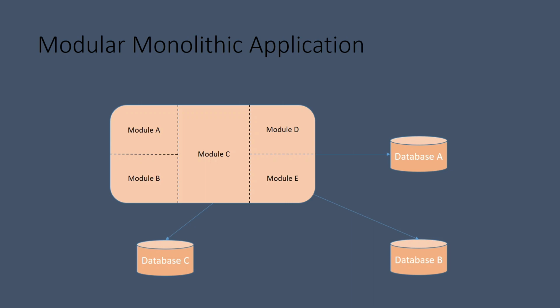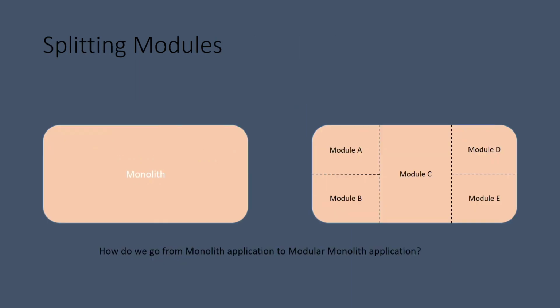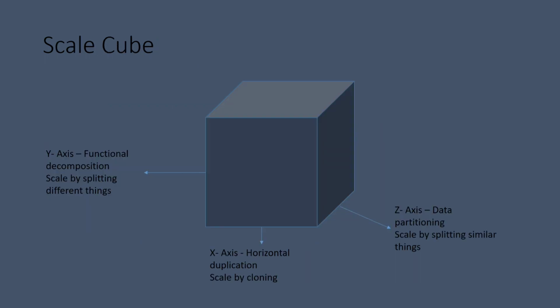Okay, so when we want to move to a modular monolithic application, we need to decide how to split modules. For this, we have something called the scale cube. For the scale cube, there are three axes: the x-axis, y-axis, and z-axis.